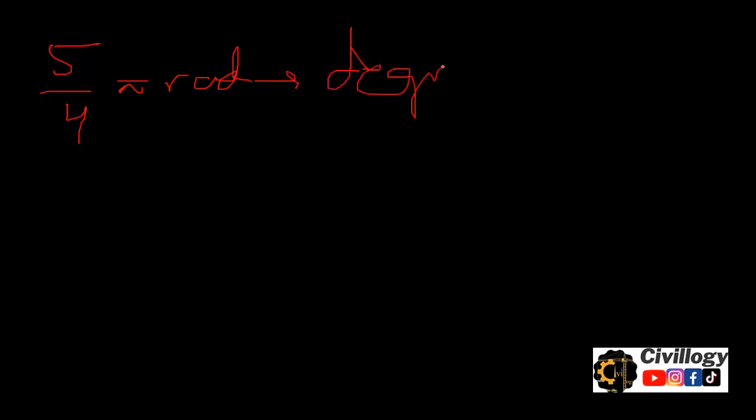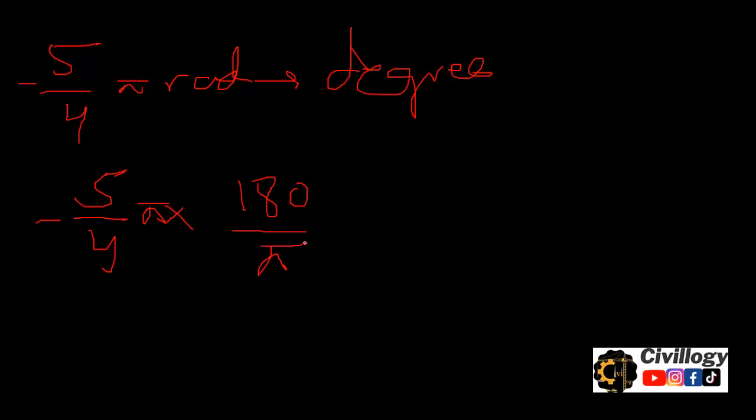Now here we will see if it is equal to 225 degrees again or not. Let's suppose it is in the form of minus, and to convert these radians to degrees, we take minus 5 divided by 4 pi, multiply by 180 divided by pi.